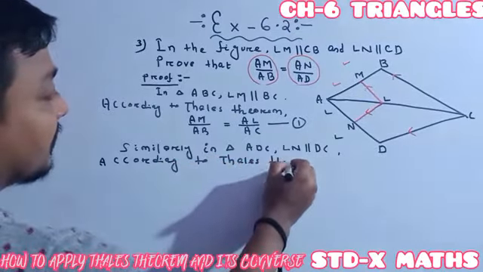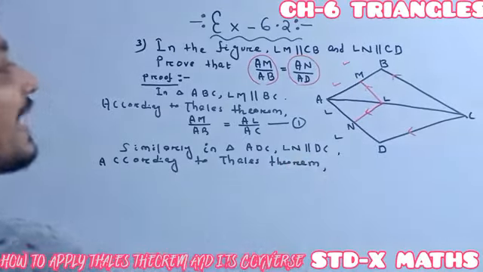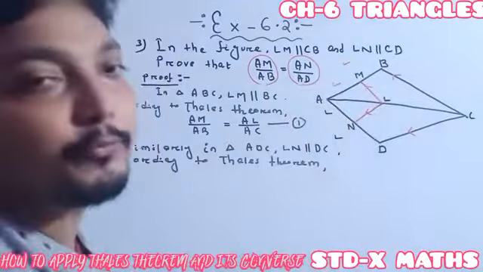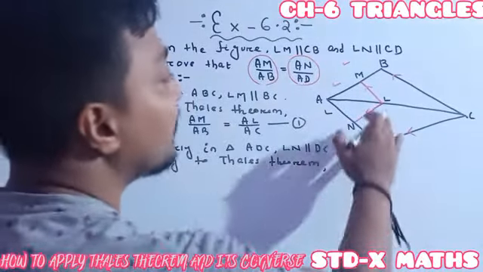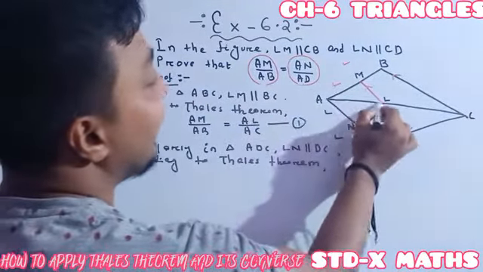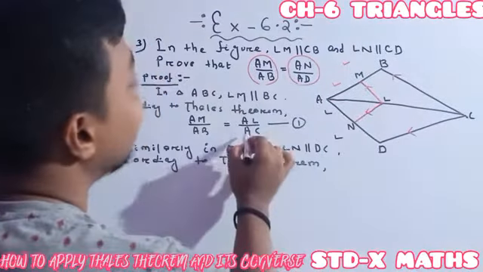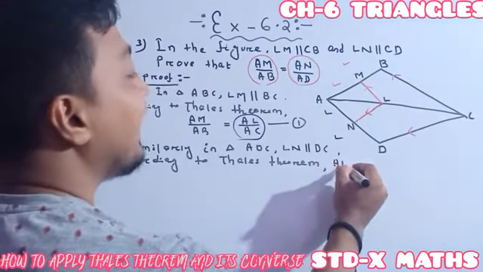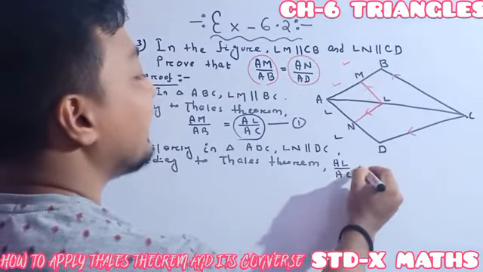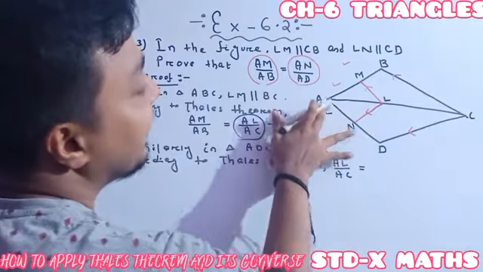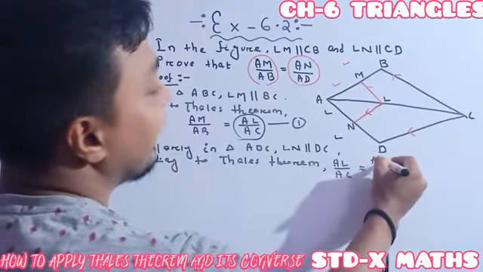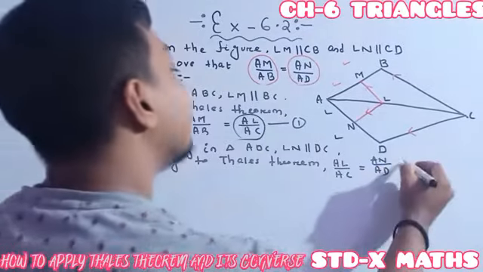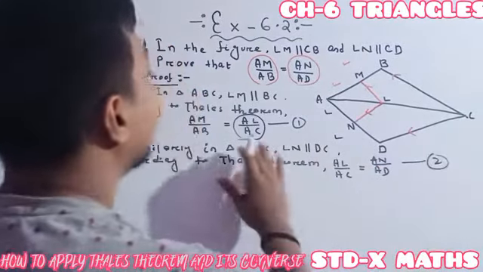As for the little and greater, we also have to formulate the little and greater ratio for this triangle. AL divided by AC, because it ended at AL divided by AC, is equal to, in this triangle, AN divided by AD. This one is our equation 2, and that one is our equation 1.